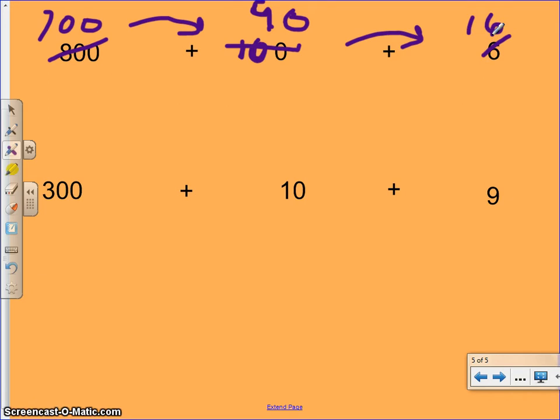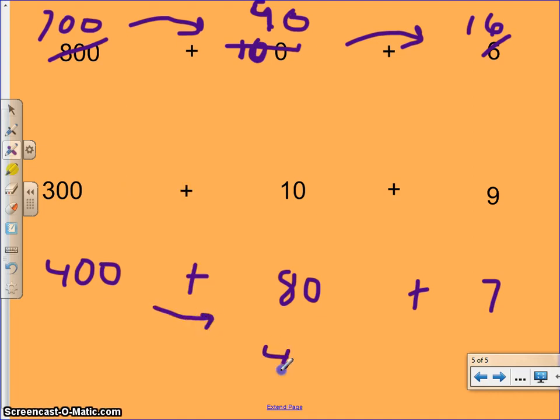Then 16 minus 9 is 7. 90 minus 10 is going to give me 80. And then finally my hundreds place, 700 minus 300 is going to give me 400. So my final answer, once I bring it back into standard form, is going to be 487.